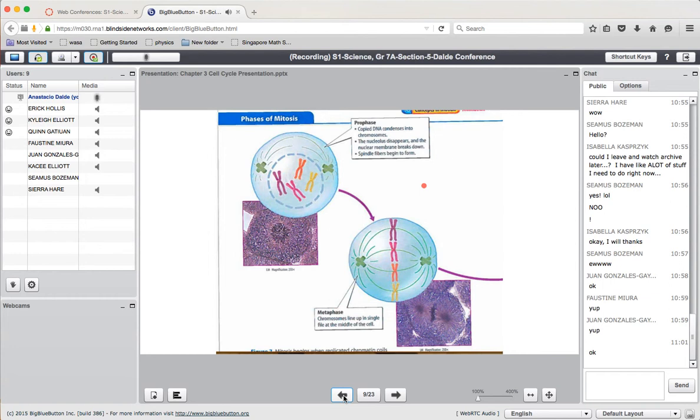Well, what happens in the prophase is this DNA condenses and untangles itself and forms chromosomes. Remember I showed you what it looks like, those butterflies, where the left side looks identical to the right side. They're exact copies of each other.